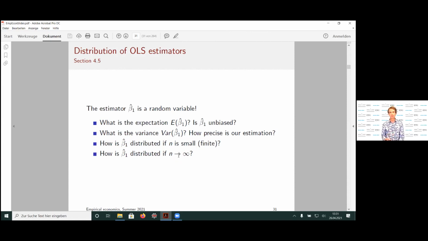A small sample is typically a sample size up to, say, 50, 100 or so. And if we have a really large number of observations, as we nowadays usually have, say 10,000 or so, then we would talk about large sample properties of our estimators.